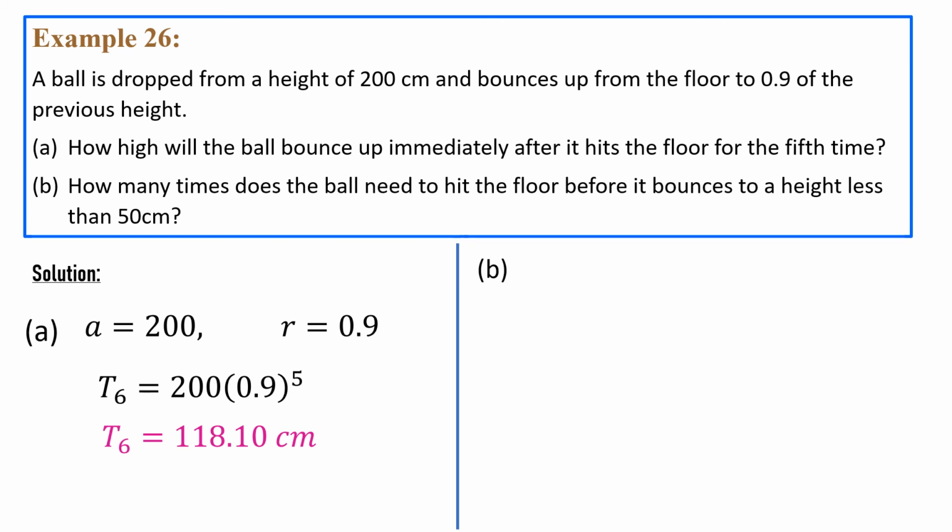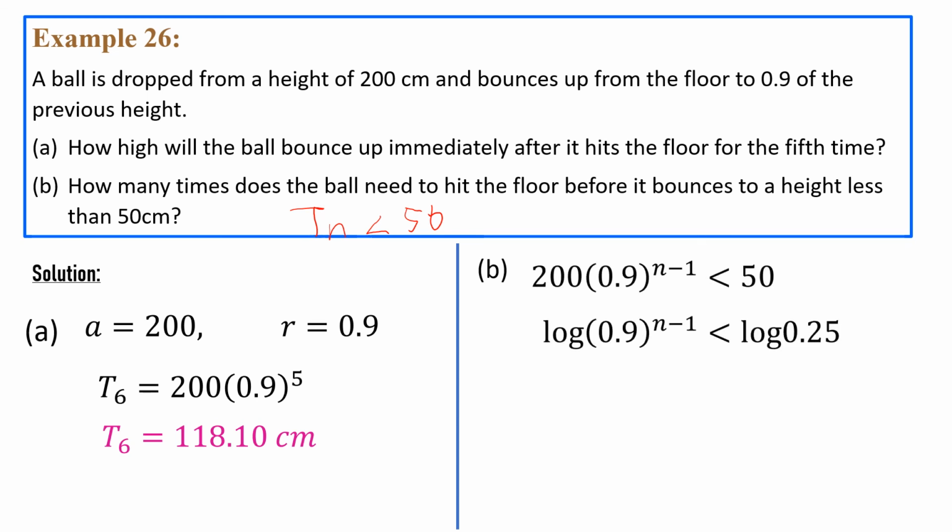Part B, how many times does the ball need to hit the floor before it bounces to a height less than 50 cm? So given that in the question, Tn less than 50. To solve the indices problem, we need to log both sides and note that this value is negative. Therefore, the inequality sign will change and we approximately get n equal to 15.